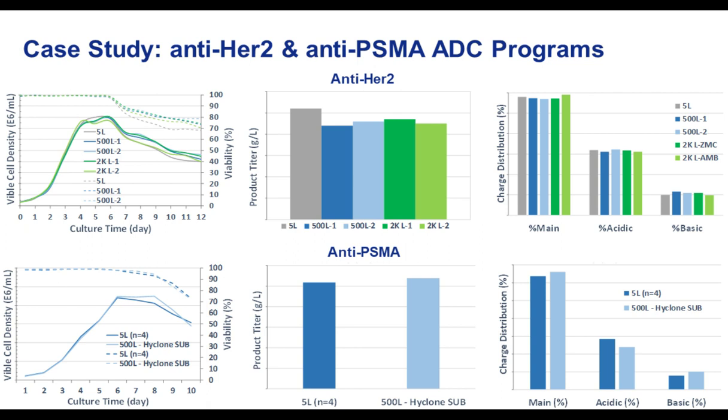Therefore, when we scaled up the anti-PSMA program, there were no issues from 5 liter to GMP 500 liter. This indicates the scale-down model is super useful for doing the scale-up for any process.